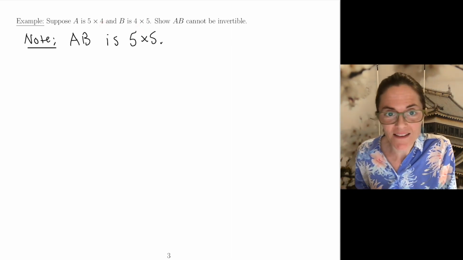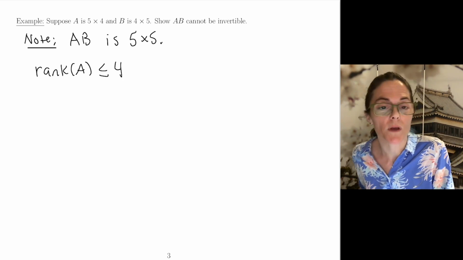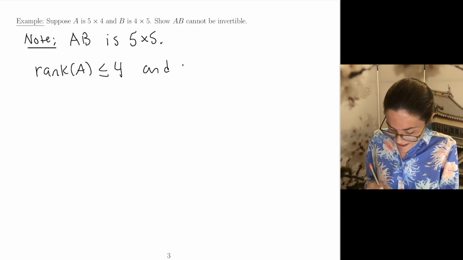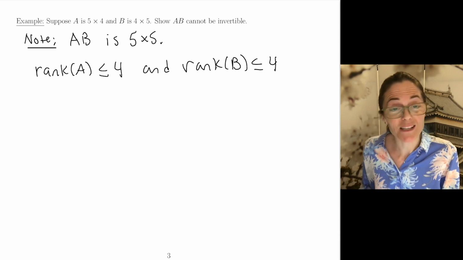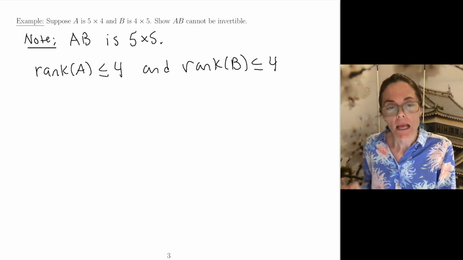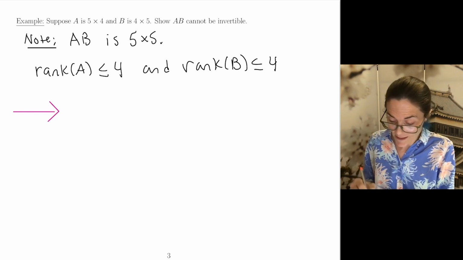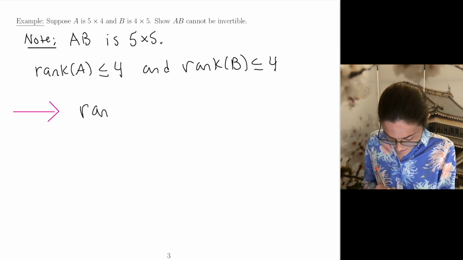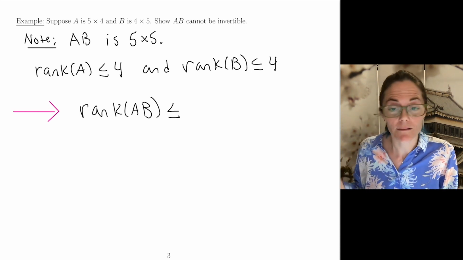But you notice, because of the sizes, the rank of A will be less than or equal to 4 because we only have 4 columns. And similarly, the rank of B will be less than or equal to 4 because we only have 4 rows. And so by this theorem, which we just proved, and like I mentioned, it came directly from the rank nullity theorem, the rank of the product must be less than or equal to, well, both of these.